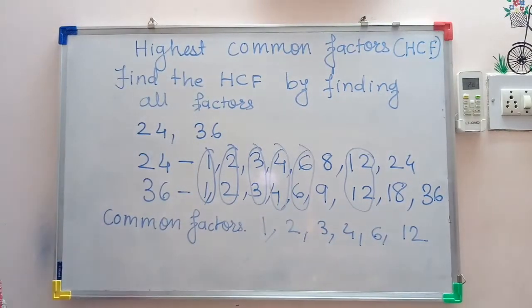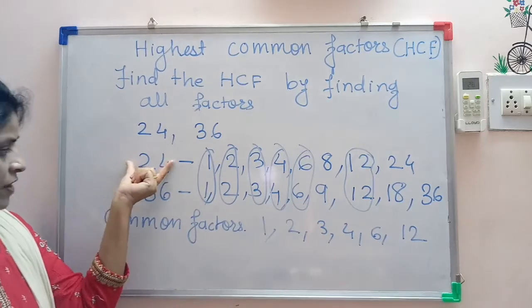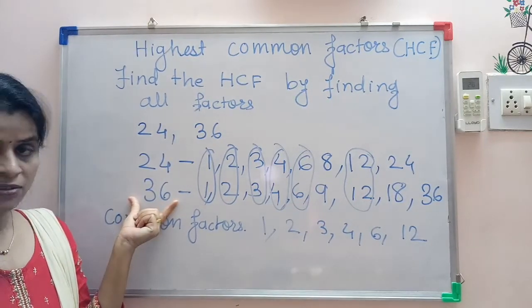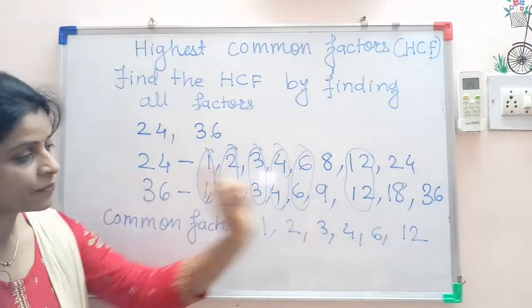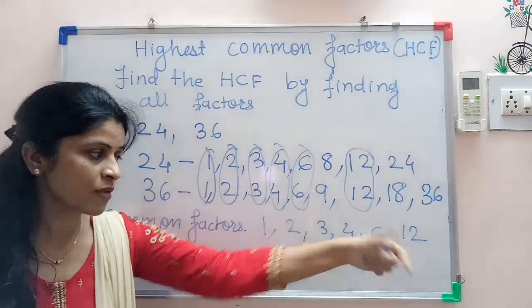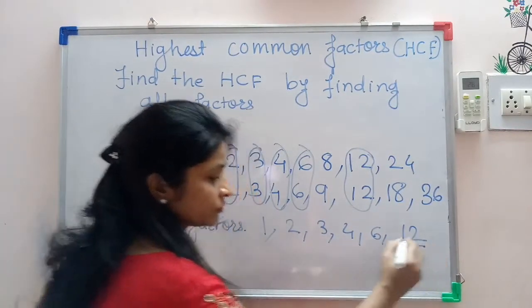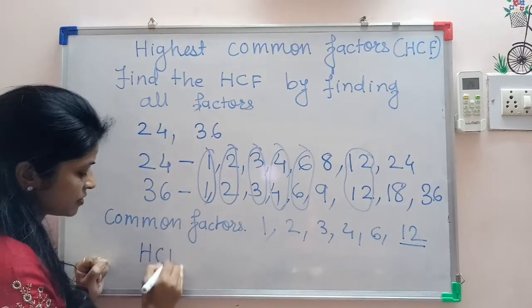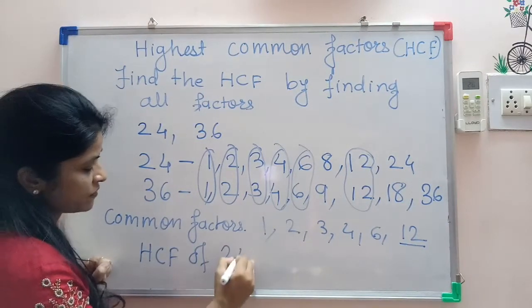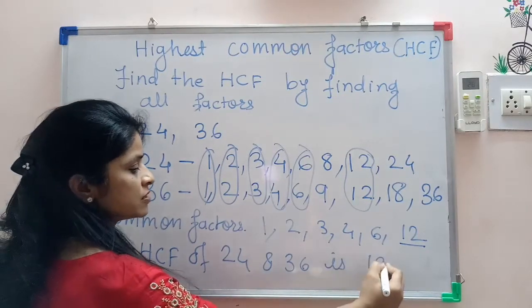Now what is the next step? You have to find out the HCF of 24 and 36. So what is the HCF of these numbers? That means the greatest number amongst the common factors. The greatest number among the common factors is 12. So the HCF of 24 and 36 is 12.